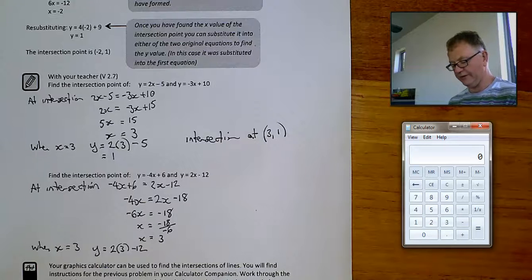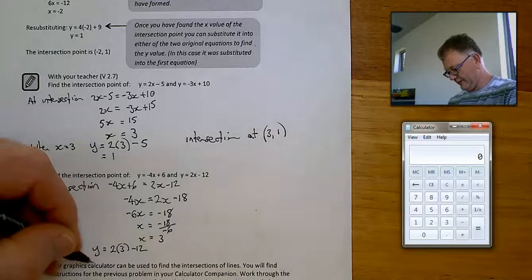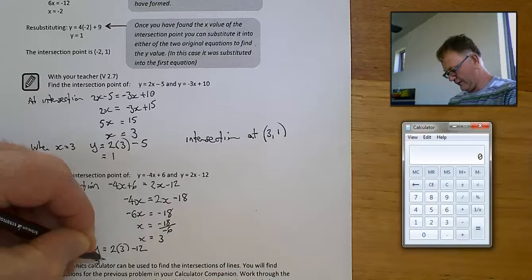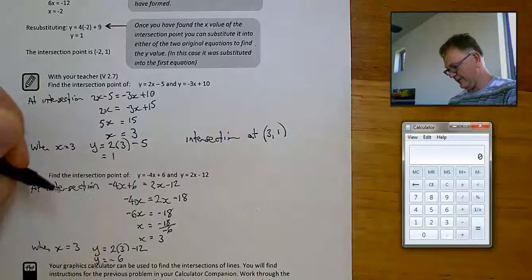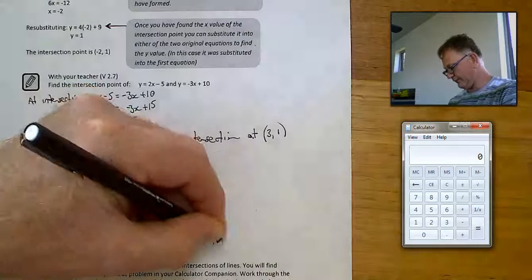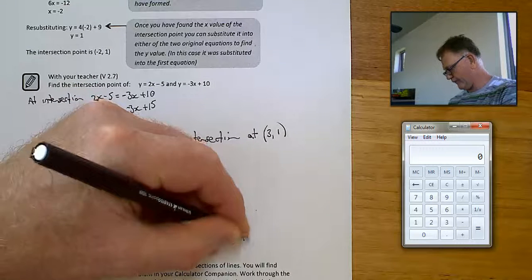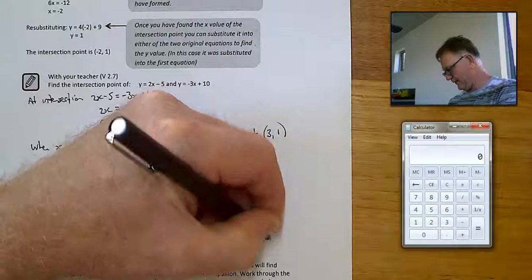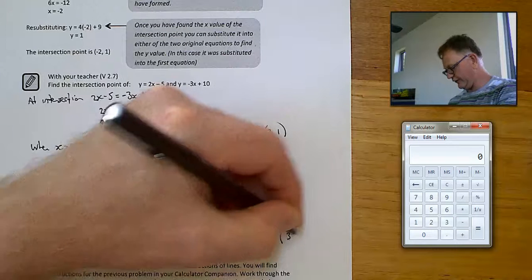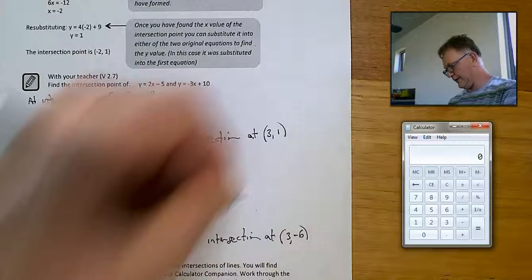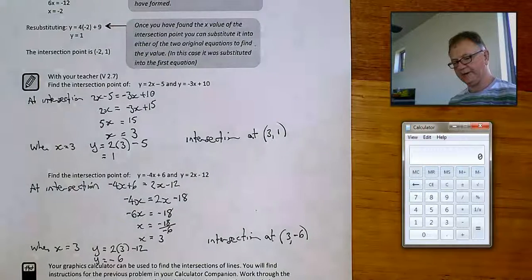Just looked a little bit easier to me. 2 3s are 6. 6 minus 12 equals negative 6. That means y equals negative 6. So the intersection is at the point x equals 3, y equals negative 6.